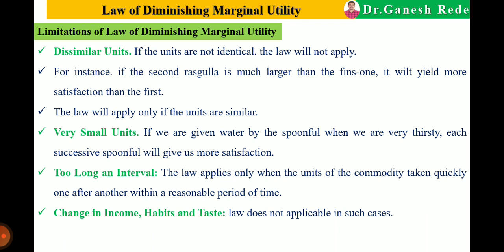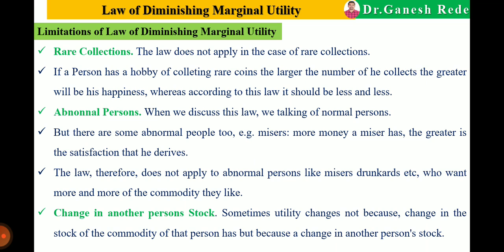Then change in income, habit, taste. If the income changes, habit changes, or the taste of the consumer changes, this law is not applicable to such consumers. Then next, in case of rare collection, the law does not apply.